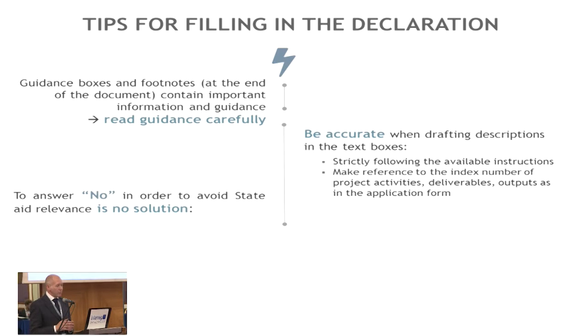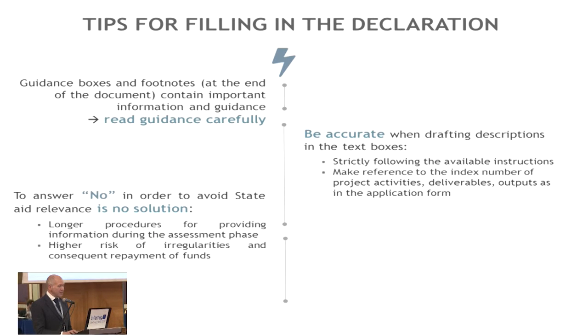To answer no, in order to avoid state aid relevance, is not really an option. I say, okay, I have to declare whether I'm state aid relevant or not. I mark no, so I'm sure that nobody will bother me with state aid.